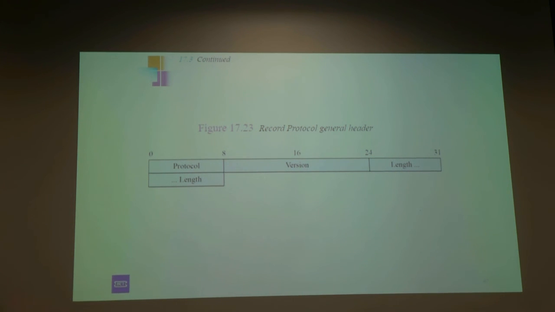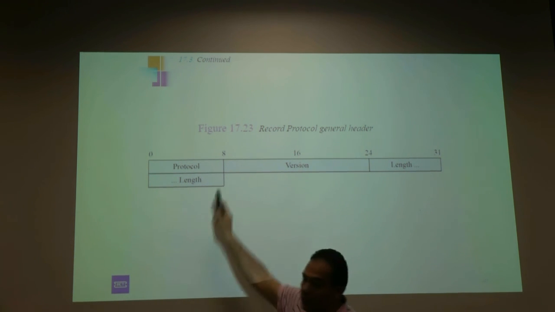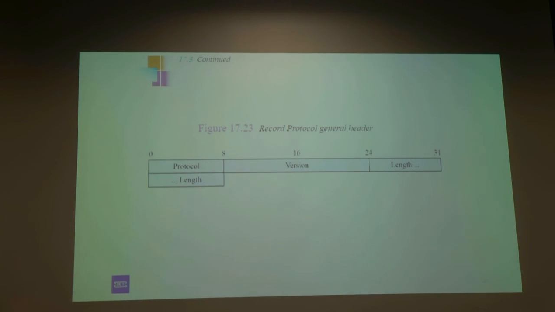The value could be 20 if the message is change cipher spec, 21 if it is the alert protocol, 22 if it is a handshake, or 23 if it comes from the application. It depends on where the data is coming from.